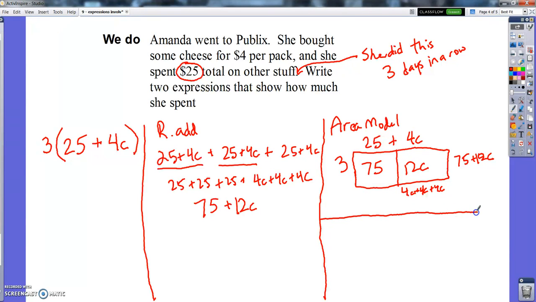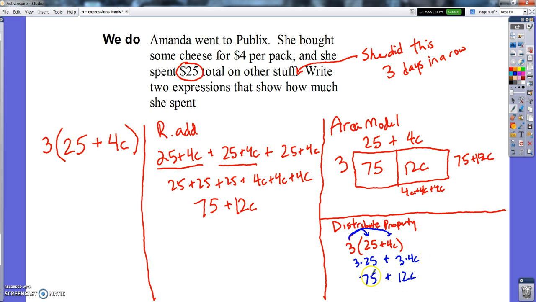And third way, if you really want to shortcut it and just use the distributive property, you can distribute the 3 and just say 3 times 25 plus 4c is 3 times 25 plus 3 times 4c, which is going to be 75 plus 12c.